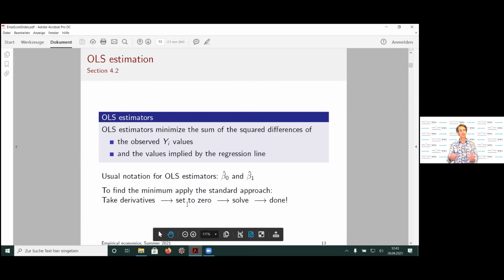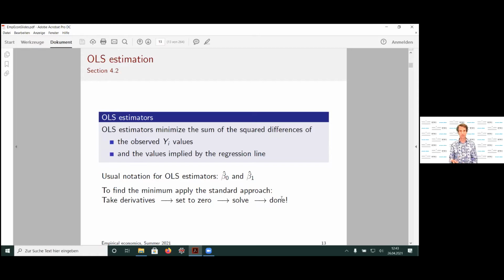Then what we get is a system of equations, two equations and two unknown coefficients, beta 0 and beta 1. We can solve this system of equations, and if you really do that, you will realize that it's a linear system of equations, so it's very easy to solve that, and then you are done. Okay? We don't do that here step by step.